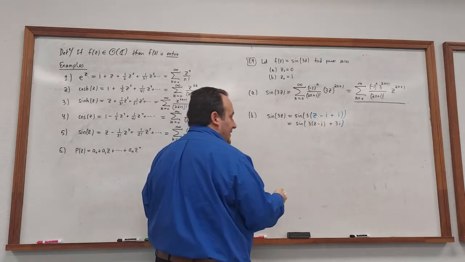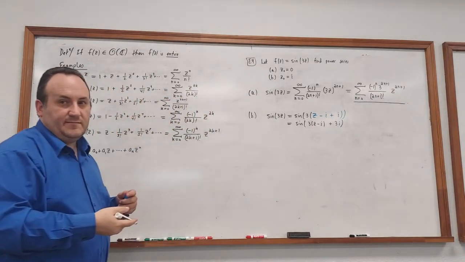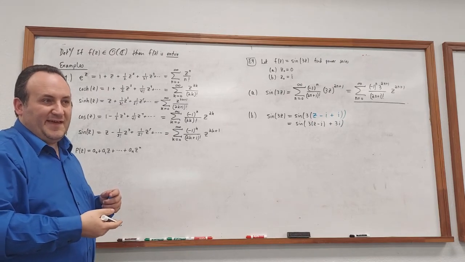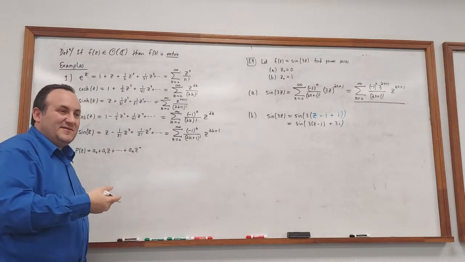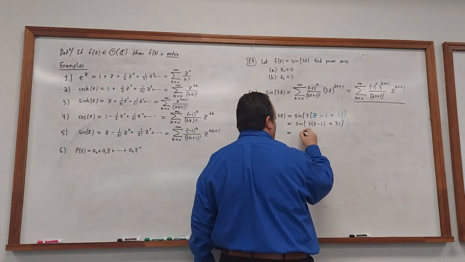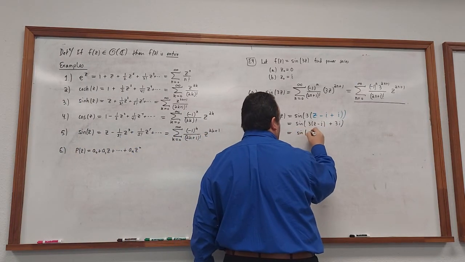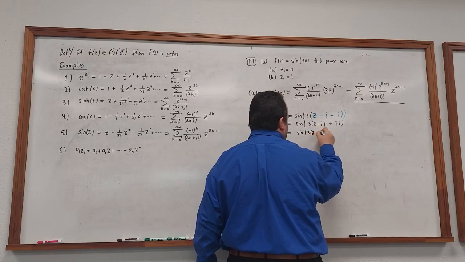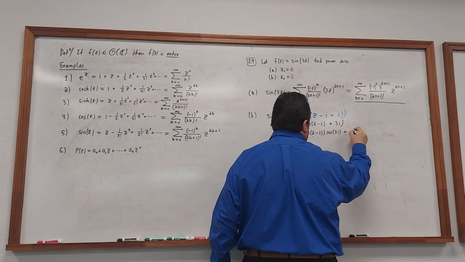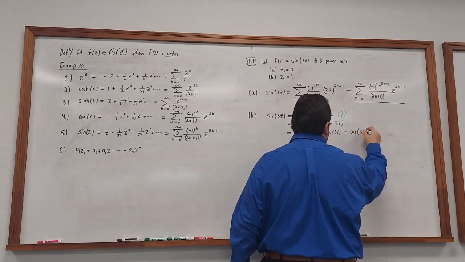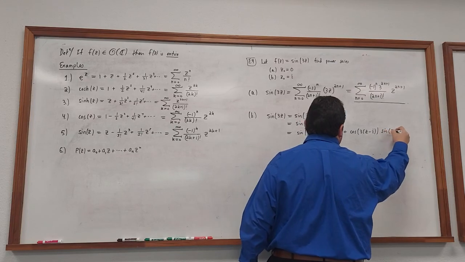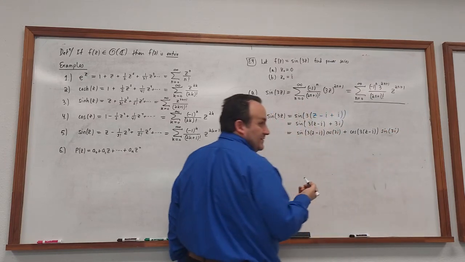But we know the adding angles formula holds for sine. I may never have proved it in here, but we could prove that's true. So, sine of 3 times z minus i, cosine 3i, plus the cosine of 3 times z minus i, sine of 3i.